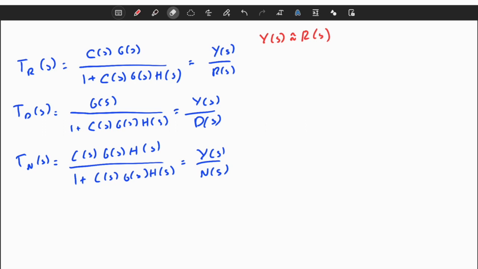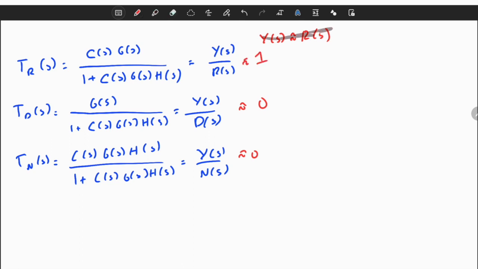Good. In that perspective, we want to reject d of s at the output. We don't want to see any contamination of d at the output. So this is easier. We technically want that td of s is equal to 0 and tn of s equal to 0, and this is equal to 1.